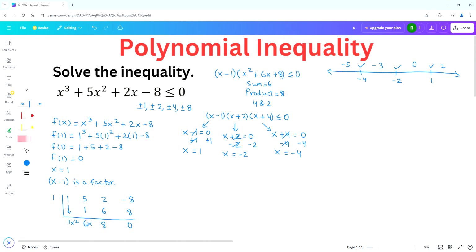Let's start with the test value x equals -5. We should sub in x as -5 in the given inequality.